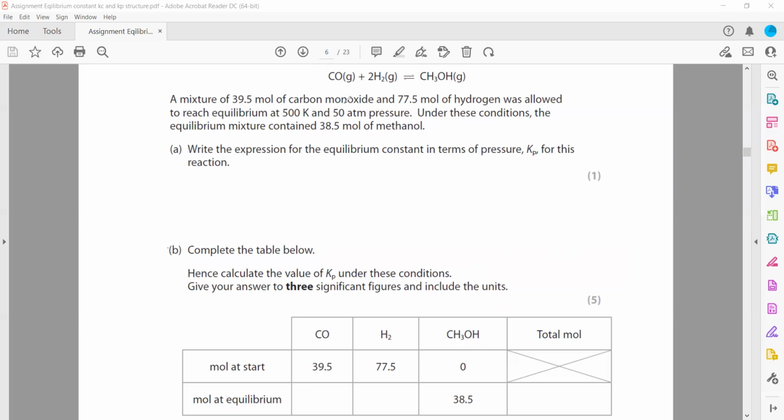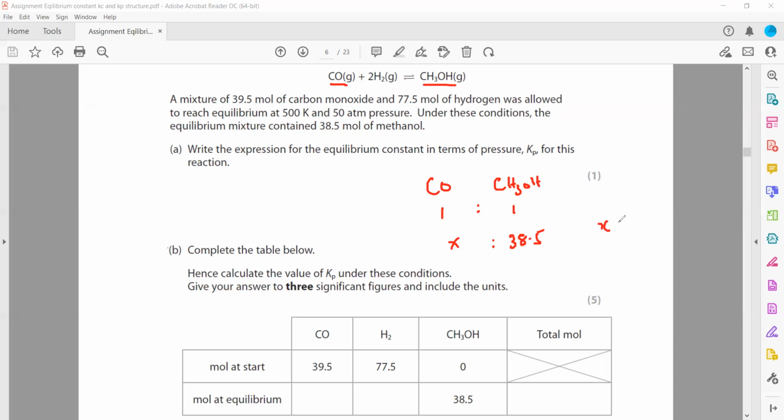So what we will do, to get the moles of carbon monoxide, we can take a ratio between carbon monoxide and methanol. According to the equation, the mole ratio is 1:1. So if 38.5 moles of methanol are produced, then X moles of carbon monoxide will be there.